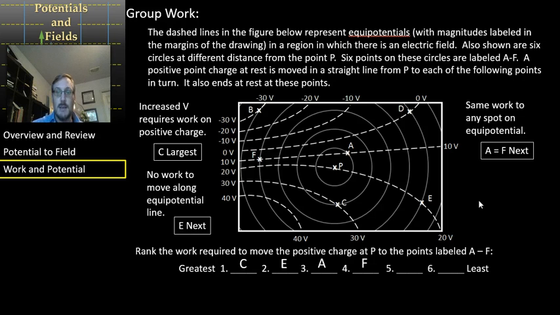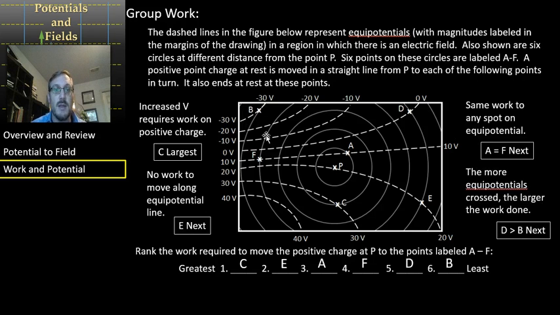That's going to be D, and B is the only thing that's left. It's way down here at minus 30 volts. So for A, F, D, and B, the thing's pulling me. I'm not pulling it. That's the way things are going to work. So that's all you have to do to figure this one out. I hope that was pretty reasonable to you. That was reasonable to me.